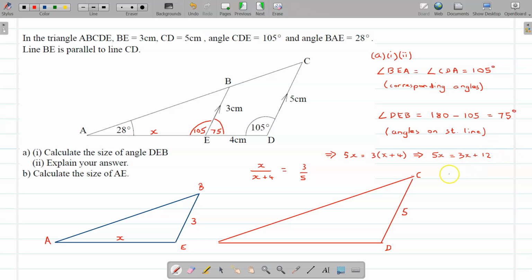If I take away the 3x from both sides, I get 2x equals 12, and then x must therefore equal 6. That is one way of answering that question, and it's 6 centimeters. So basically this is 6, that's 4, making a length across the bottom of 10. There are other ways you can see that that must be true, but that's all my working out.